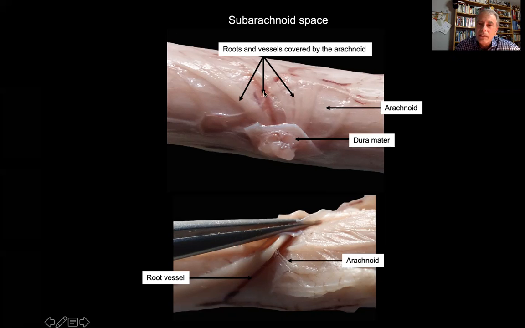So the arachnoid is this thin membrane that is bright, that is surrounding the spinal cord and the roots of the spinal nerves. When we remove it, we see the arachnoid. This is the arachnoid, and these are the trabeculae, or the thin connections between the pia mater and the arachnoid. And as you see, there is a root vessel, okay, running with a root of a spinal nerve.